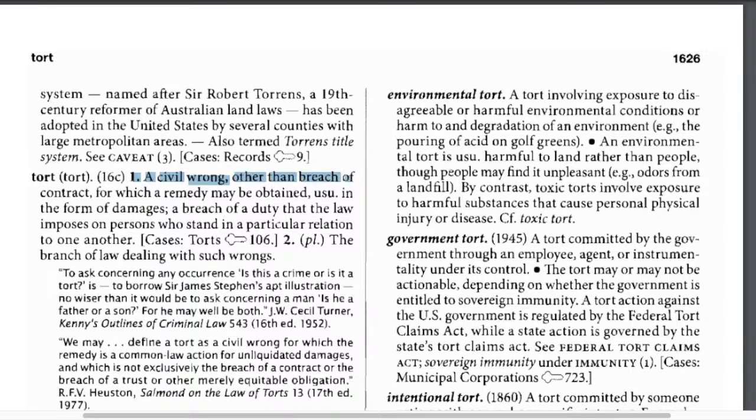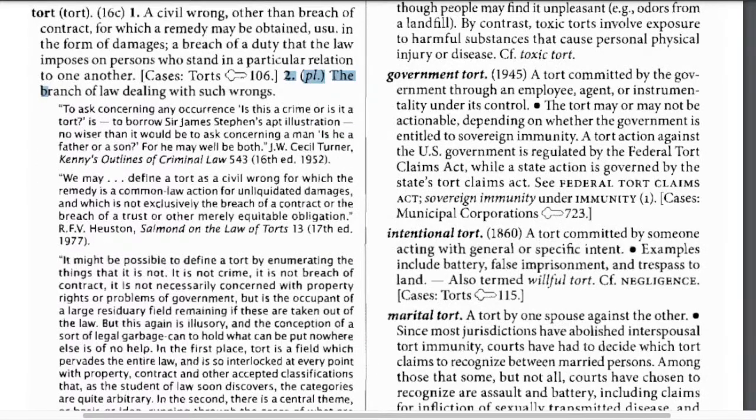A civil wrong, other than breach of contract, for which a remedy may be obtained, usually in the form of damages. A breach of duty that the law imposes on persons who stand in a particular relation to one another. The branch of law dealing with such wrongs. To ask concerning any occurrence, is this a crime or is it a tort? Is, to borrow Sir James Stephen's apt illustration, no wiser than it would be to ask concerning a man, is he a father or a son?